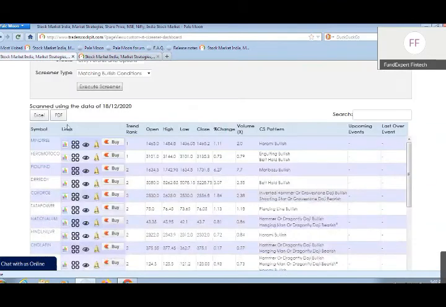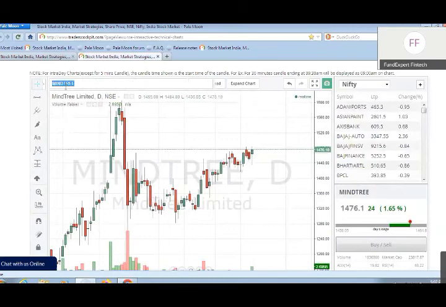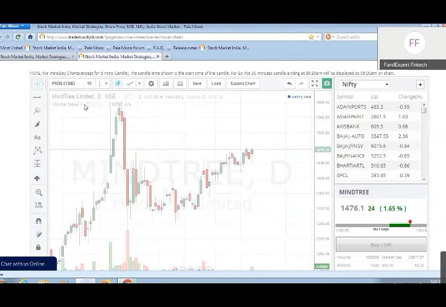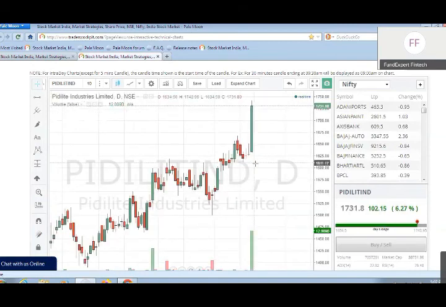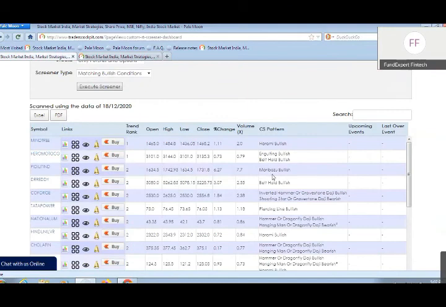or similarly, if you see for this Hero Motor Corporation or this Pidilite Industries, this has been a strong Marubozu candle, right, with a high spike in volume.